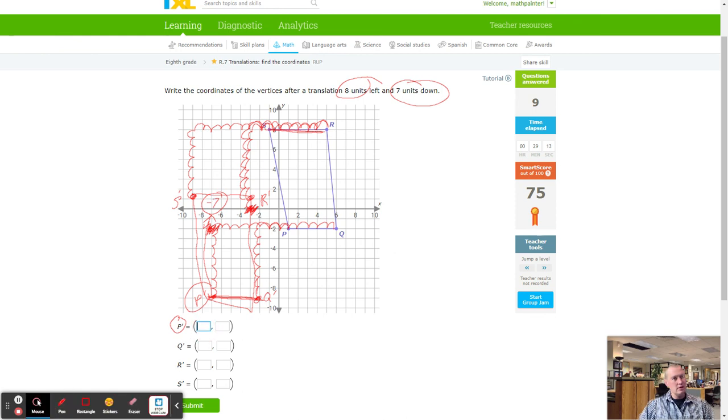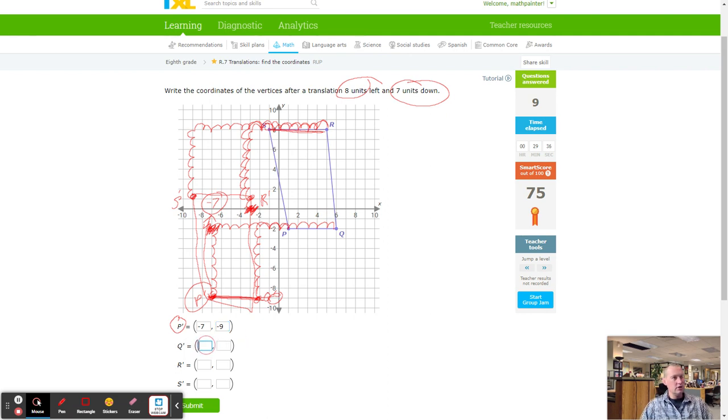So -7 is the first part. And the second part, you can go straight to the y-axis. Just go from P prime straight over to here. And notice we're between the -8 and -10. Between -8 and -10 is -9. So we got -9 there.